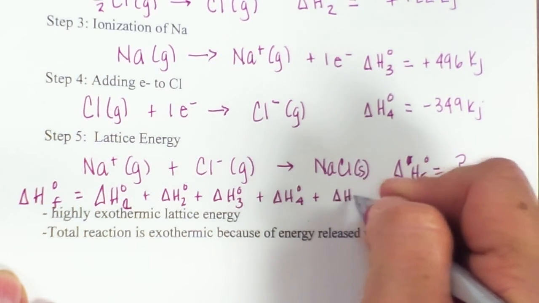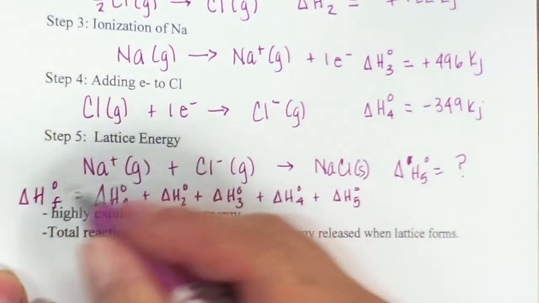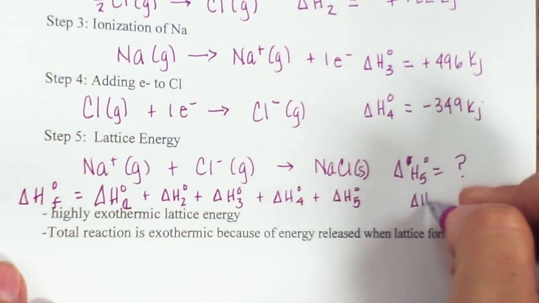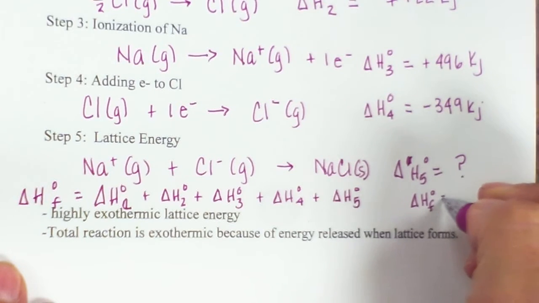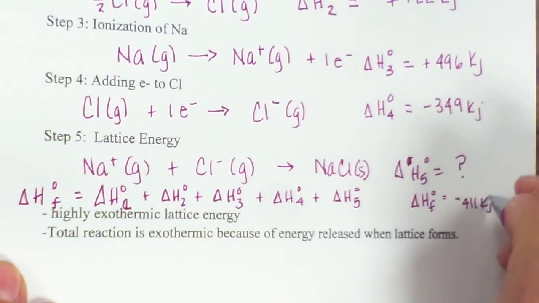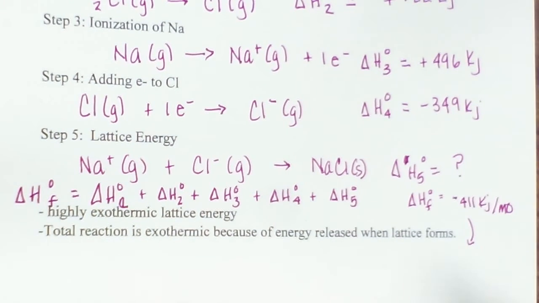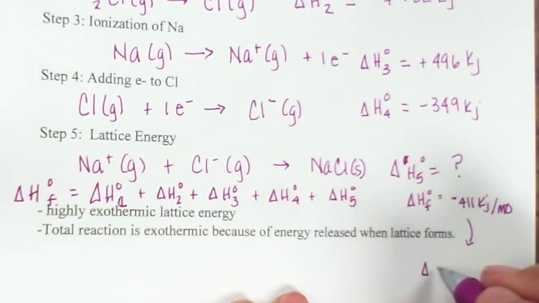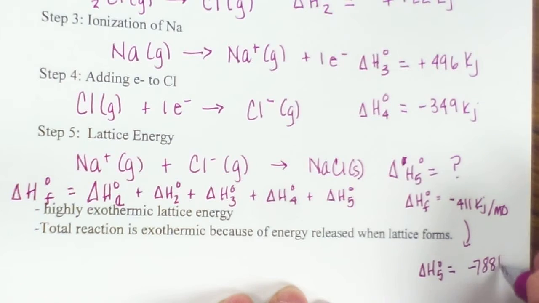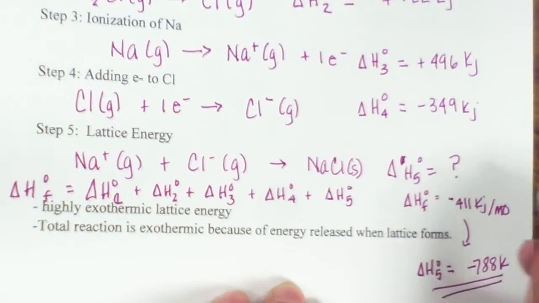So if we add all of these up, we should get the delta HF, right? And the delta HF is equal to negative 411 kilojoules per mole. So when we solve all of this, we get delta H5 is equal to negative 788 kilojoules.